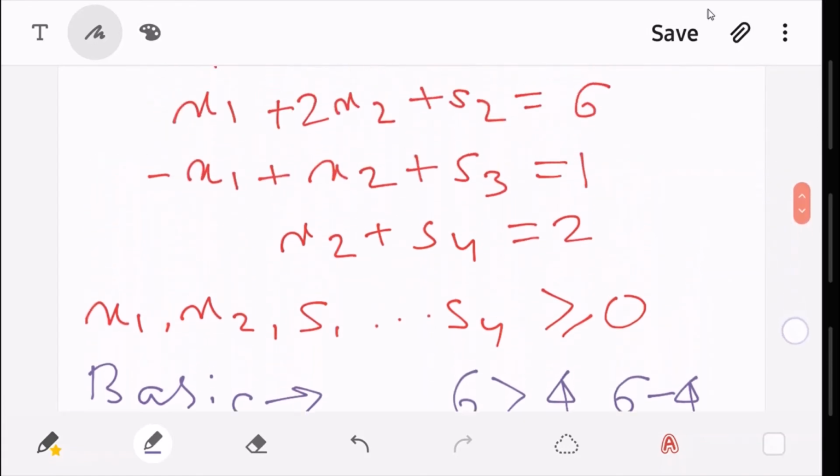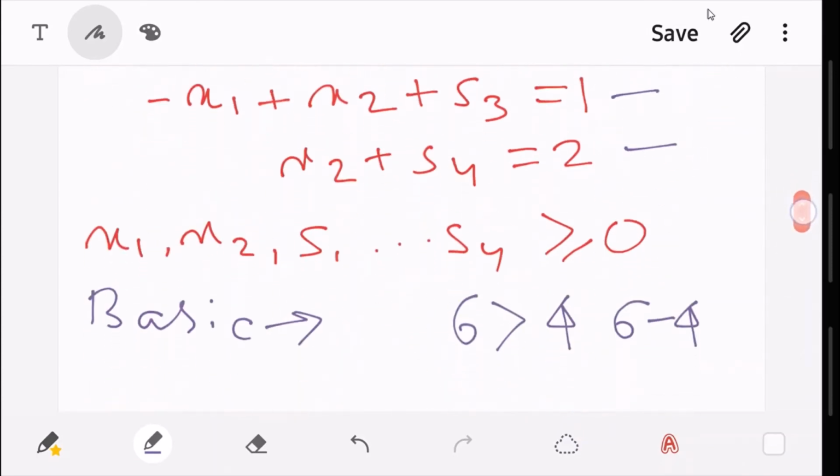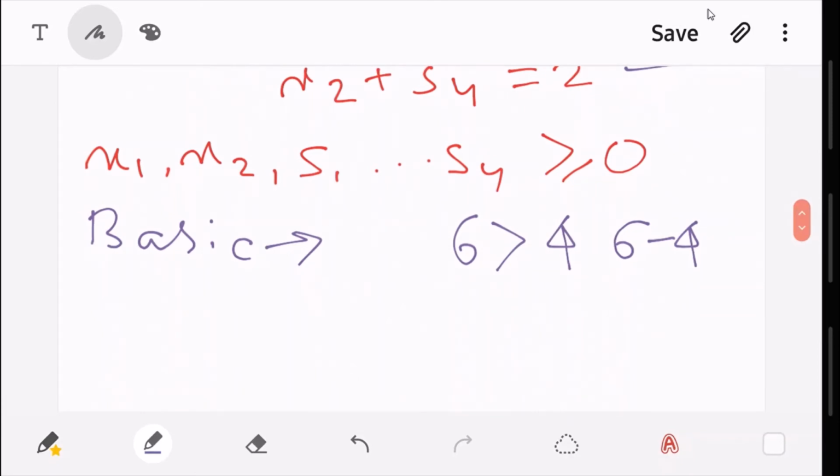Since we have 4 constraints, we can use a maximum of 4 variables, and the remaining 6 minus 4, that is 2 variables, need to be equated to 0.